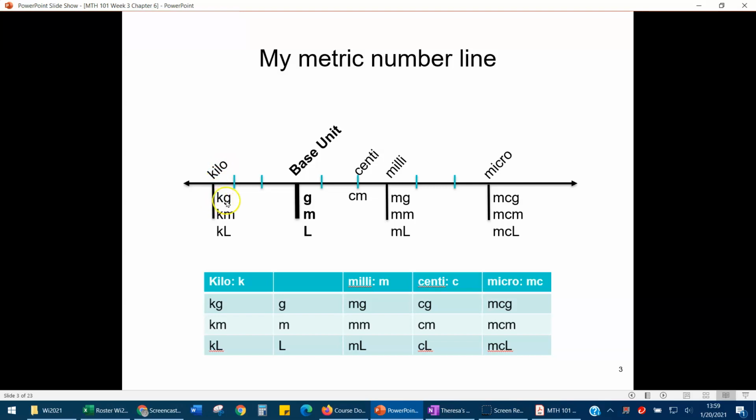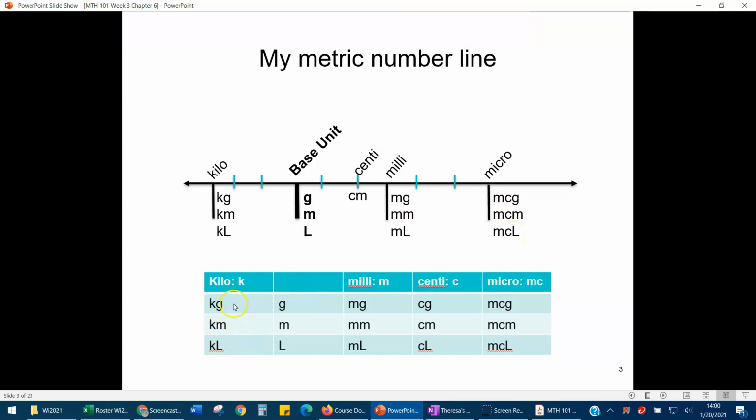Kilo, this would be kilogram, kilometer, kiloliter. Centi is used only with meter in this class, so centimeter would be abbreviated cm. Milli is used milligram, millimeter, milliliter, and micro is the abbreviation for micro, notice, is MC because M was already used for milli. So microgram, micrometer, microliter.